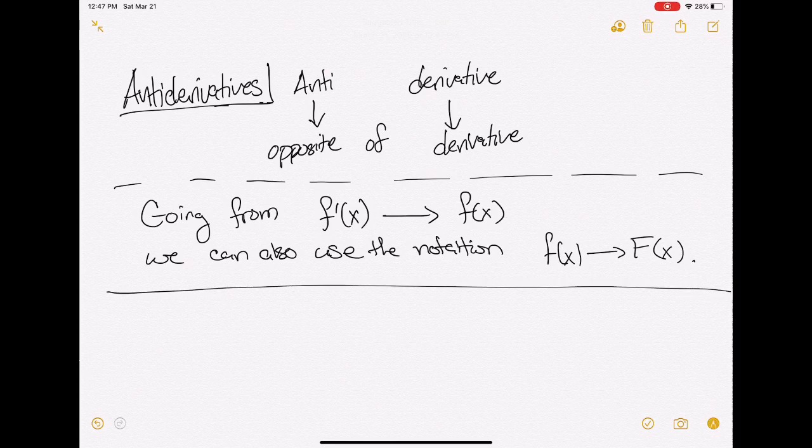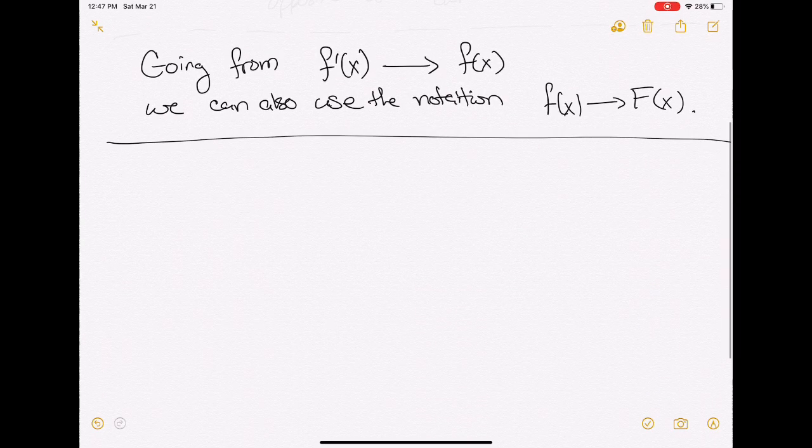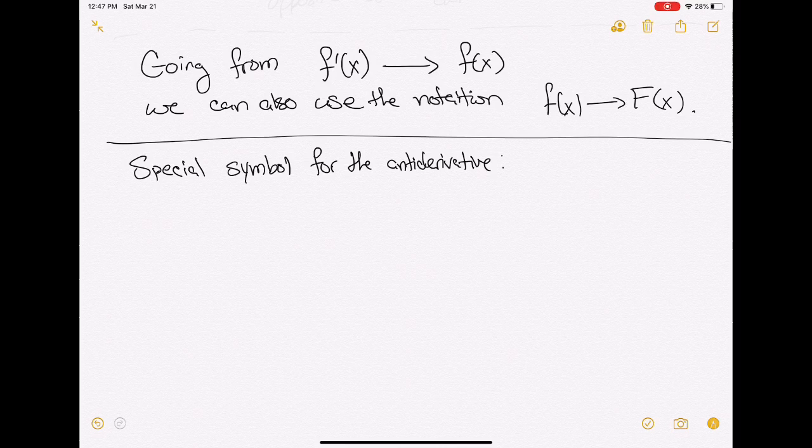And we have a special symbol for the antiderivative, which looks like an elongated S. Also called esh if you're talking about the symbol itself, and we call it the integral sign.